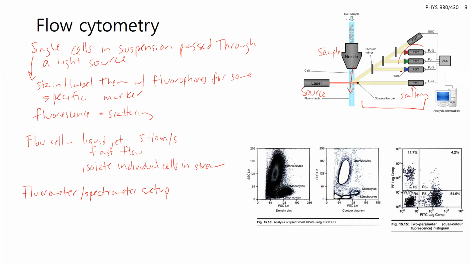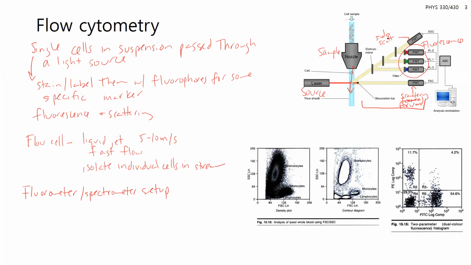You can see that it's detecting fluorescence. So this is forward scattering, and then this is side scattering.